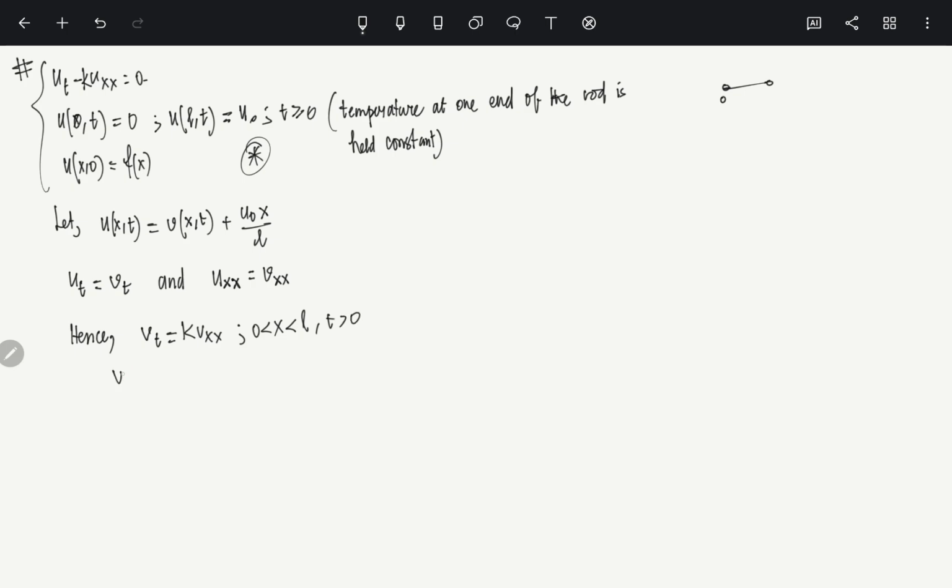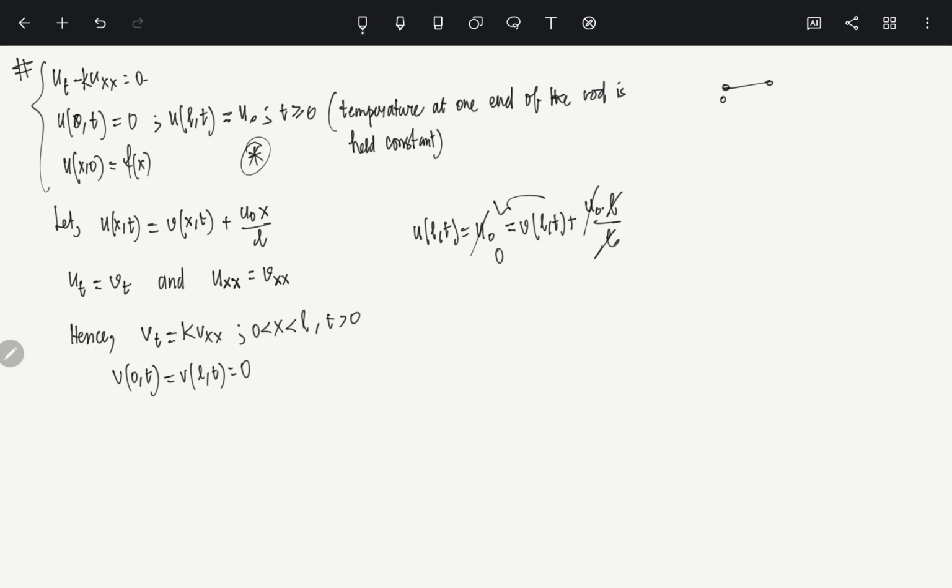And v(0,t) equals v(L,t) equals 0. You see, if you put L, u(L,t) is equal to u naught, and that is equal to v(L,t) plus u naught times L by L. So this u naught and u naught get cancelled, so v becomes 0.